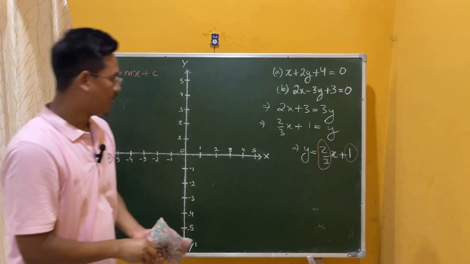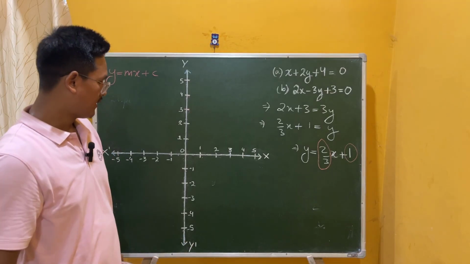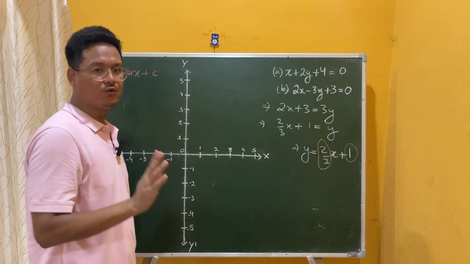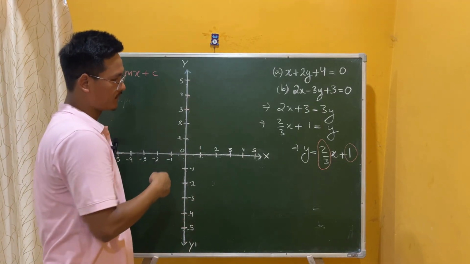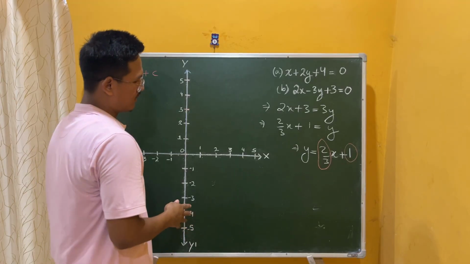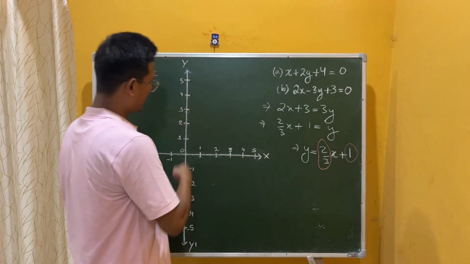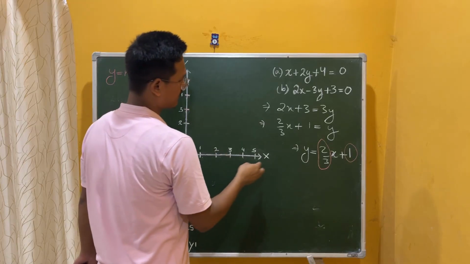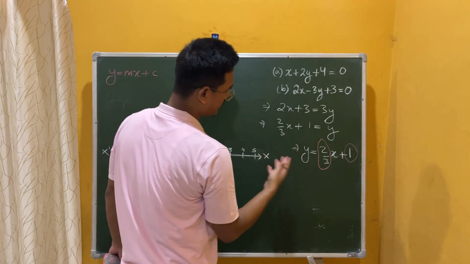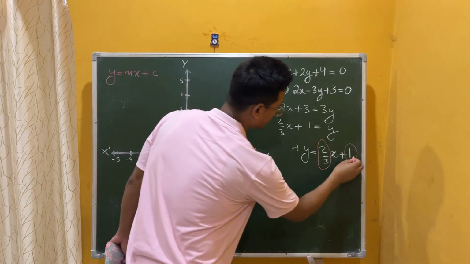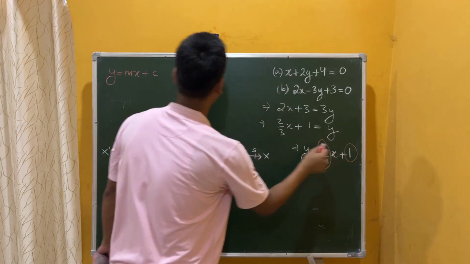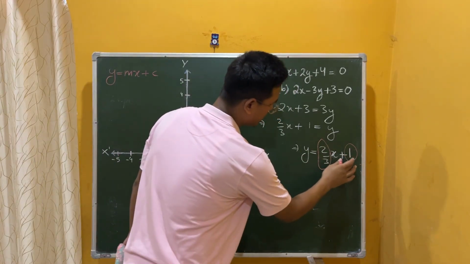Now in order to draw a straight line we need at least 2 points and join them. The first point of the straight line we are going to get from the constant part c, which is the y-intercept.